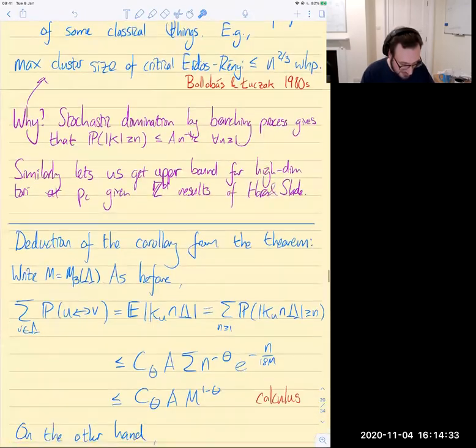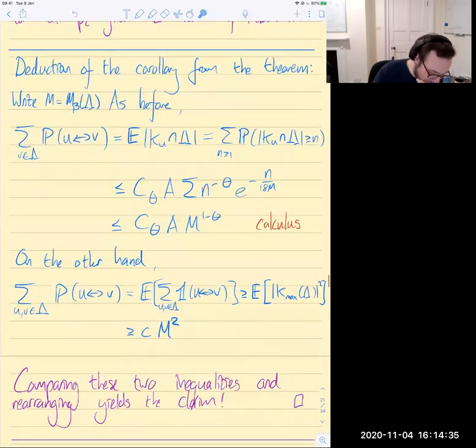So this is actually a very simple computation. What we'll do, let's say m to be this typical size of the maximum cluster. And well, if we fix u in lambda and we sum over v of the 2-point function, this again is the same as the expectation at the intersection.